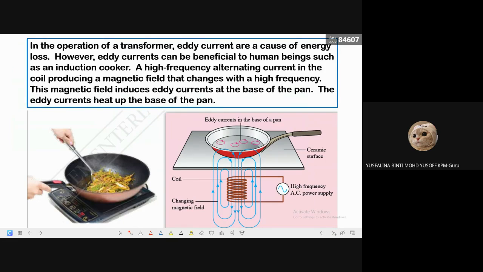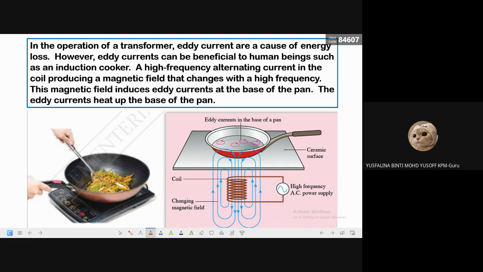Okay, so we just talked about how bad eddy current is, right? But sometimes eddy current is also very useful, especially for the induction cooker. So this is the example of how eddy current actually functions in our life. The high frequency AC current in the coil produces a magnetic field that changes with a high frequency.